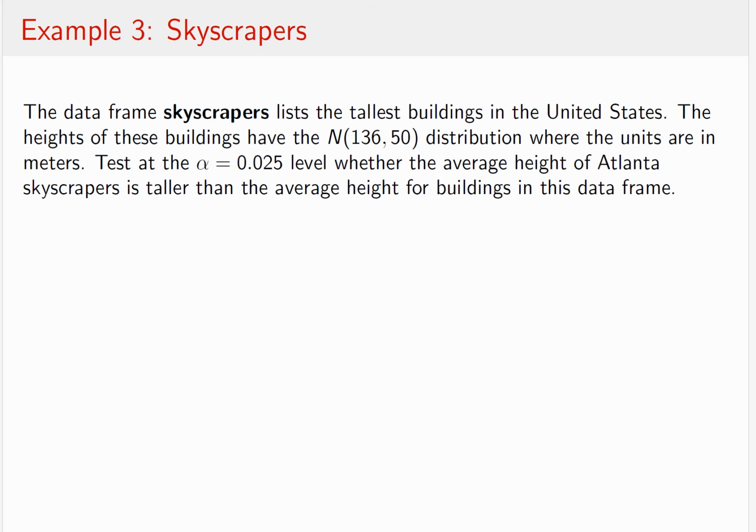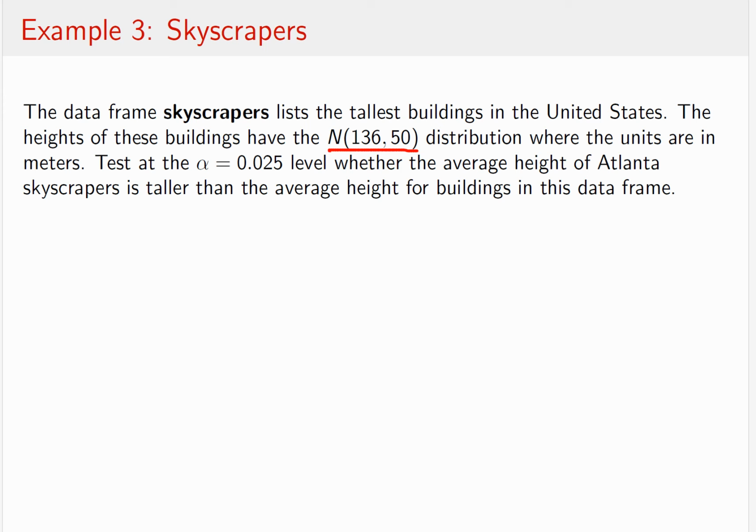We have a skyscrapers example. We have a data frame that lists the tallest buildings in the United States. And we're going to check to see whether the average height of the Atlanta skyscrapers in this database are taller than the average height in the database. And what's the average height? Well, the distribution for the buildings in the database is 136 meters on average, with a 50-meter standard deviation.